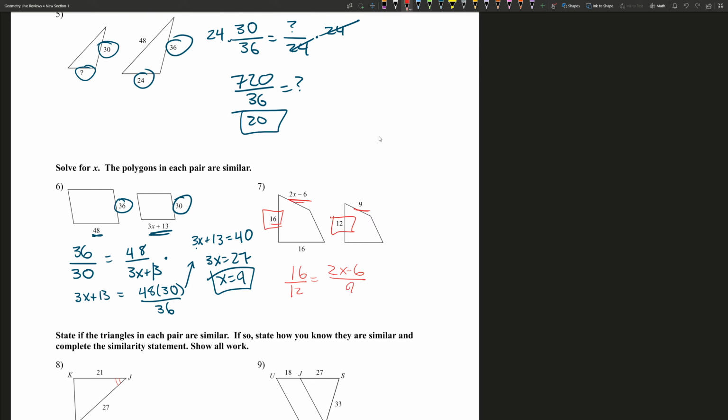So if we multiply this 9 out, we get 144 divided by 12 is equal to 2x minus 6. So 12 is equal to 2x minus 6. So 18 is equal to 2x. So 9 is equal to x.